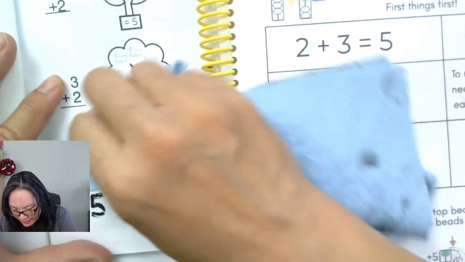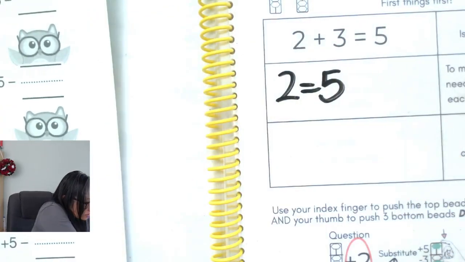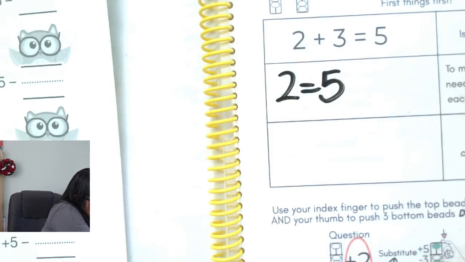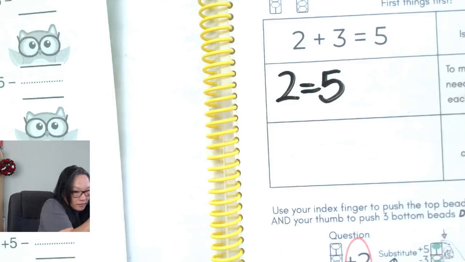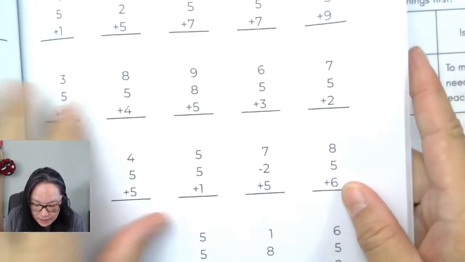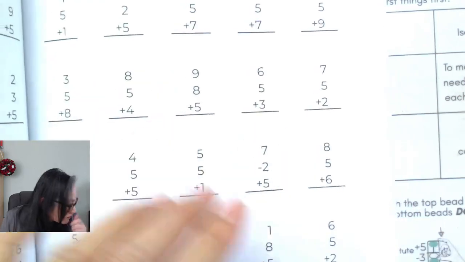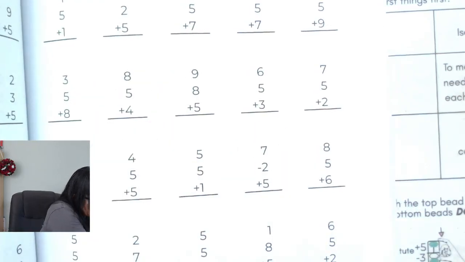I see what you're saying. Yes, it is kind of the bottom, but when you get into bigger numbers, when you get into numbers like this, right?